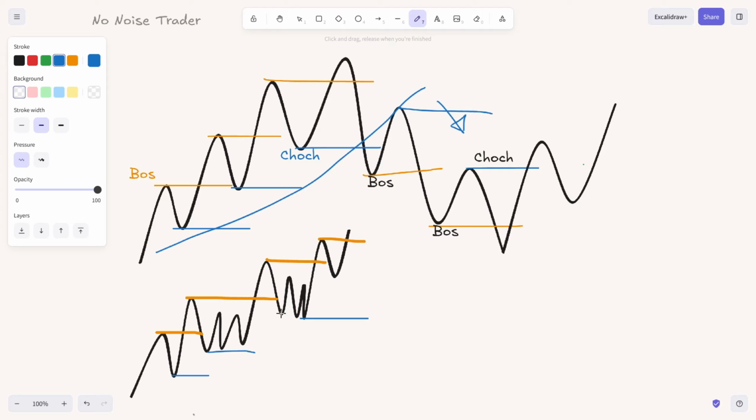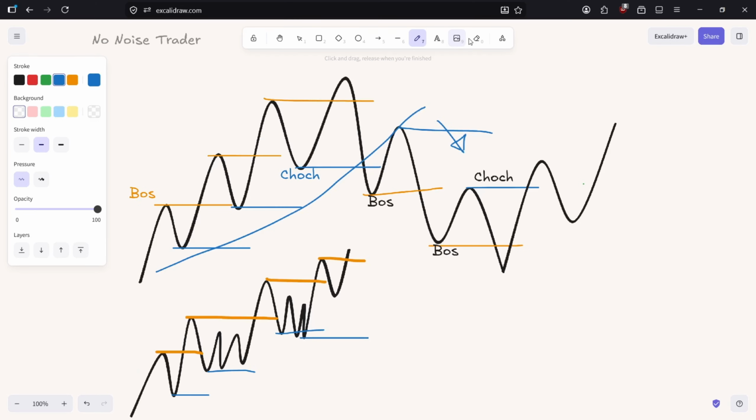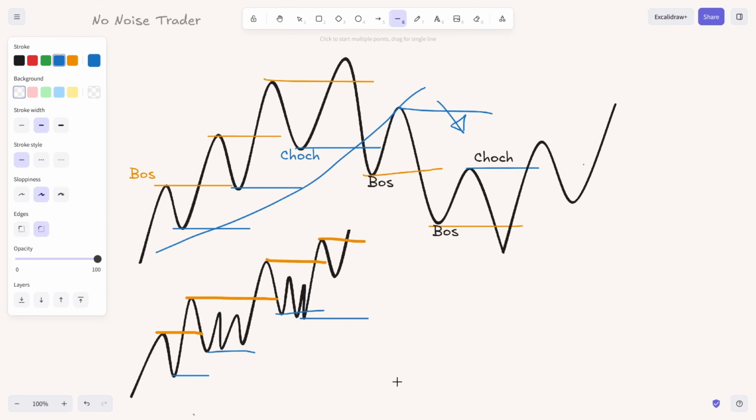In case we didn't have this framework, you would have seen this break of this low and you would have entered here internally. And this will cost you a lot of losses because it could be in many ways like this. So like this, then like this, then like this, then like this, for example.